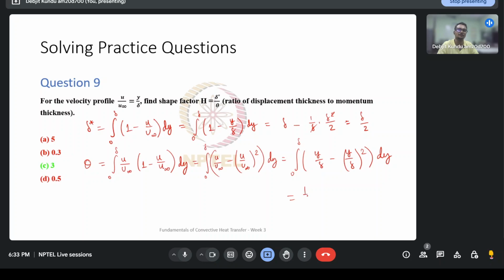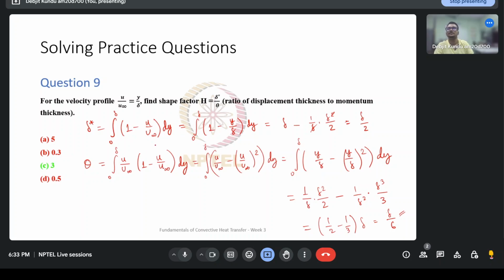Now we perform the integration, so I have 1 over delta, and this is delta squared by 2. This is 1 by delta squared into delta cube by 3. So if I take delta common, I will get half minus 1/3 into delta, and that's equal to 1 by 6 delta, so delta by 6. This is my expression of theta.